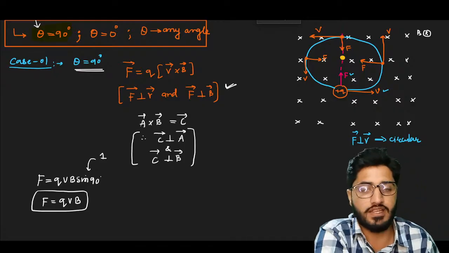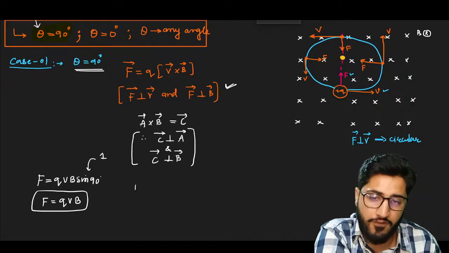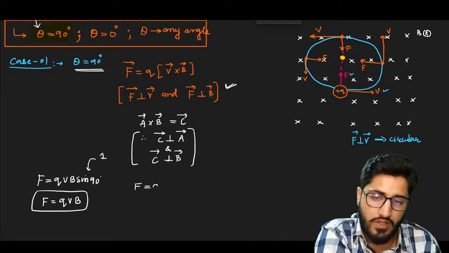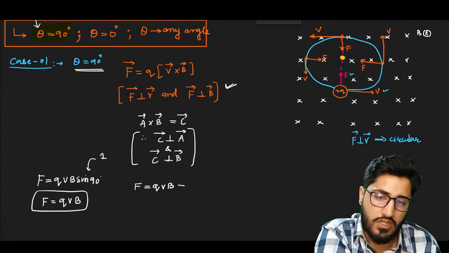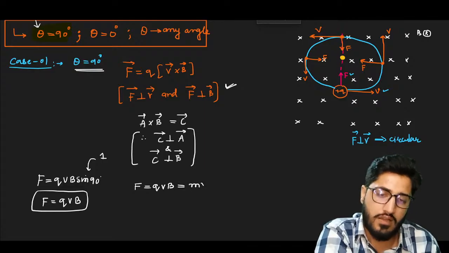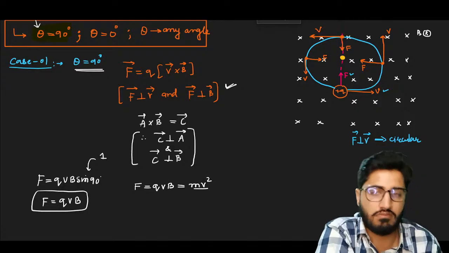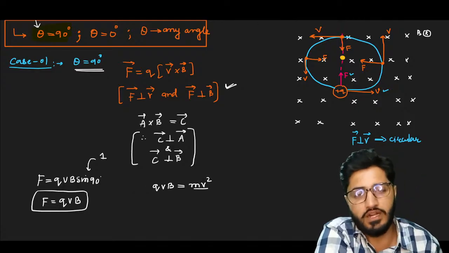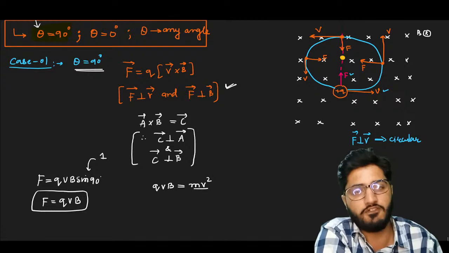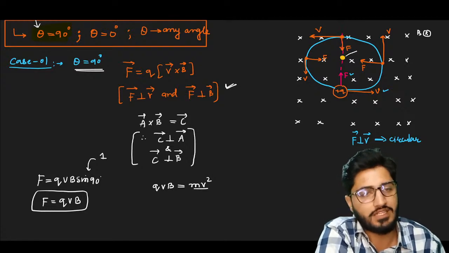That simply indicates that my magnetic force, that is QVB, is providing you with a centripetal force if the radius is r.